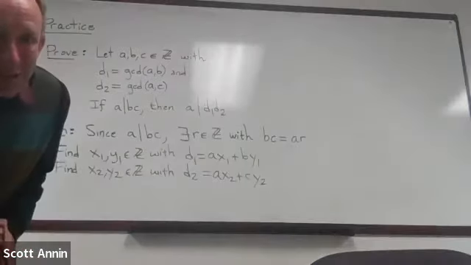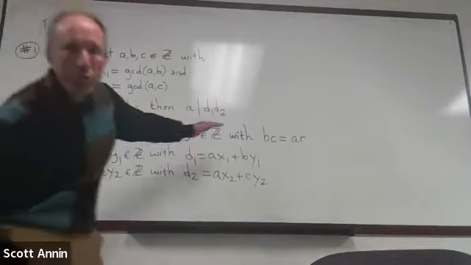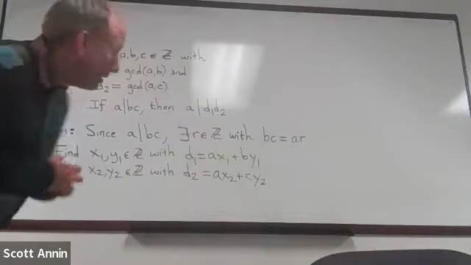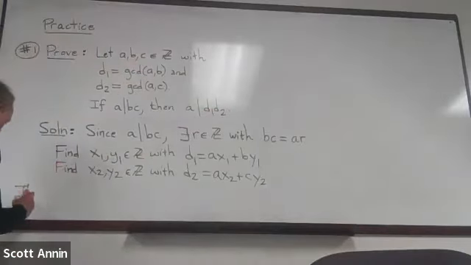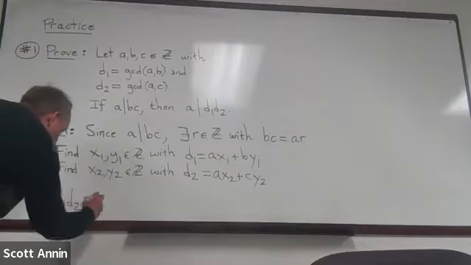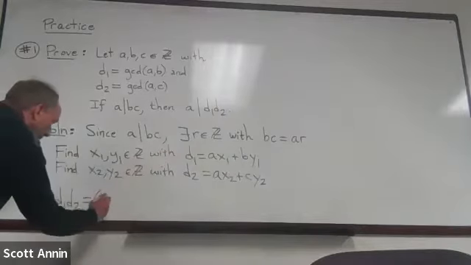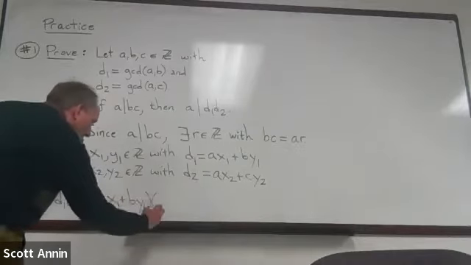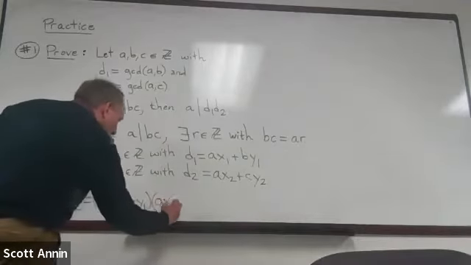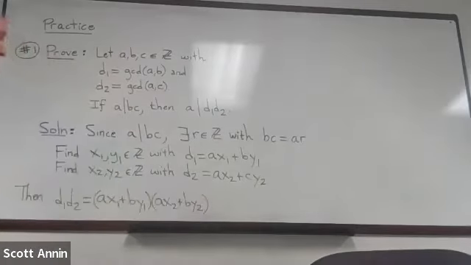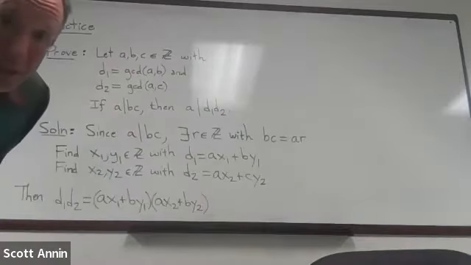Now, what I'd like to do is figure out how to prove that D1 D2 is a multiple of A. Well, if we look at D1 D2, we can just replace what we have, AX1 plus BY1 times AX2 plus BY2, in the expression for D1 times D2.